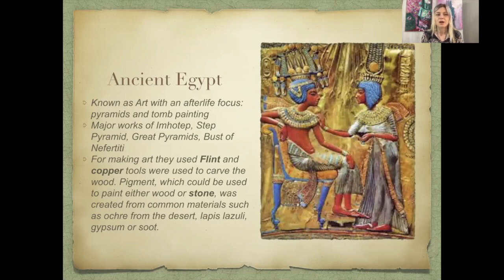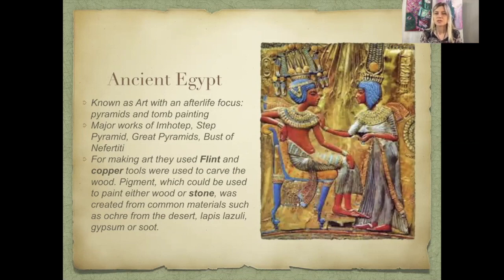For making art, they used flint and copper tools to carve the wood. Pigment, which could be used to paint either wood or stone, was created from common materials such as ore from the desert, lapis lazuli, gypsum, or soot.